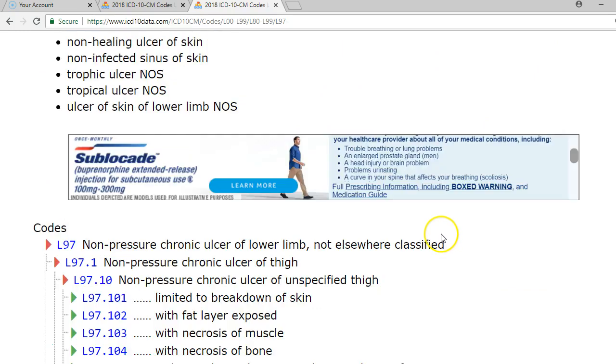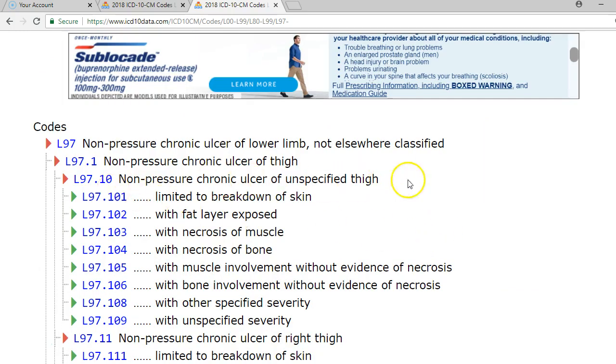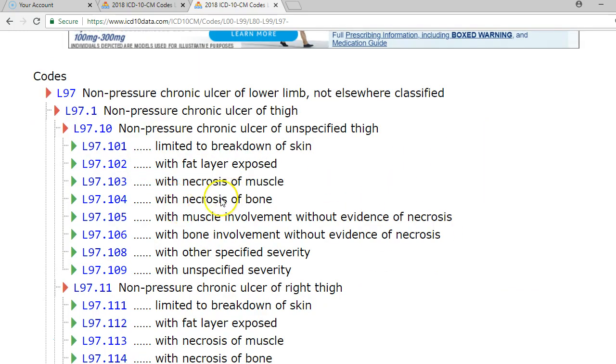So again, the L97 codes, they're using a much more descriptive component. Now, stages 1, 2, 3, and 4 have their own descriptions as well. Non-pressure ulcers use these instead, so we need to know: limited breakdown of the skin with a fat layer exposed, necrosis of muscle, necrosis of bone, muscle involvement without evidence of necrosis, bone involvement without evidence of necrosis, other severity, unspecified severity.